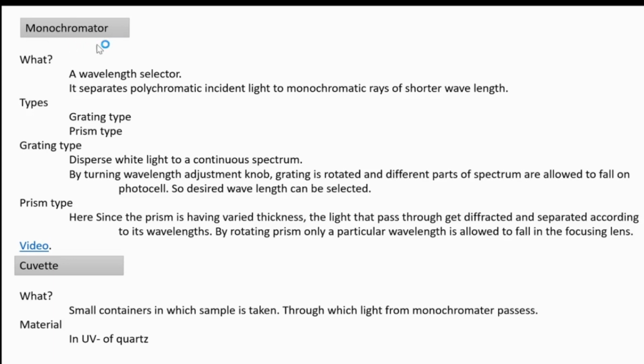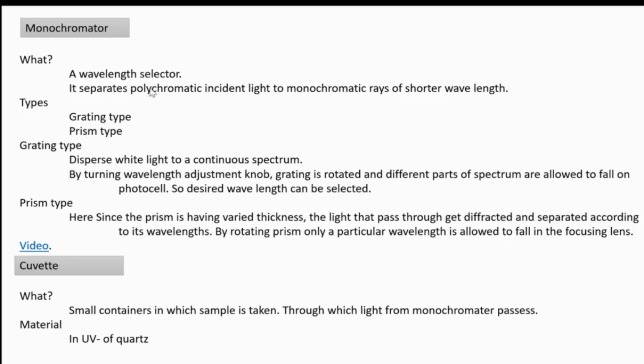Here we are going to understand about the monochromator. What is a monochromator? It's a wavelength selector. Simply, a monochromator means a wavelength selecting device. It separates polychromatic incident light. For example, in VIBGYOR, visible light, violet, indigo, blue, green, so many colors are there.